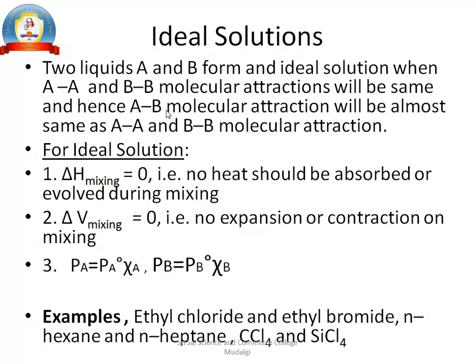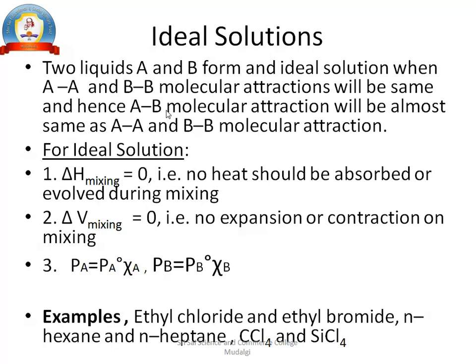Now, the best example I can give you to explain this characteristic is, say, I have taken 10 ml of ethanol as component A, and in one more beaker I have taken 10 ml of water. Beaker A consists of 10 ml of ethanol and beaker B consists of 10 ml of water.